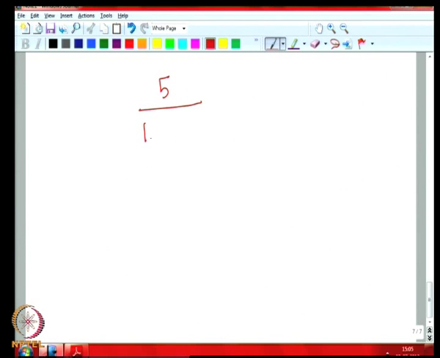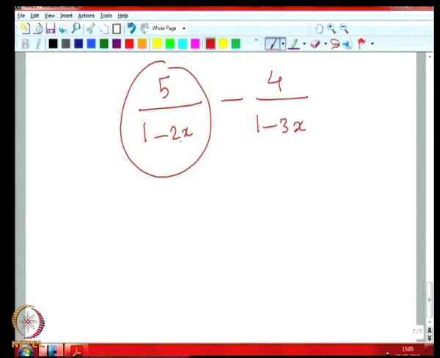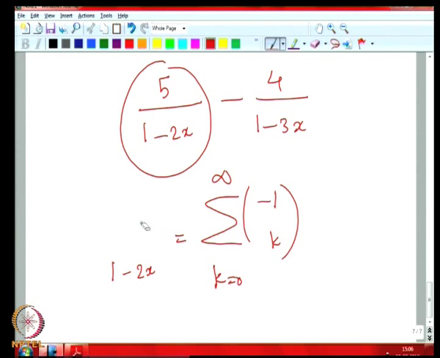This is easy to handle, because 1 by 1 minus 2x expands as sigma k equal to 0 to infinity, minus 1 choose k, because we can write it as 1 minus 2x to the power minus 1, so minus 1 choose k into minus 2x to the power k.